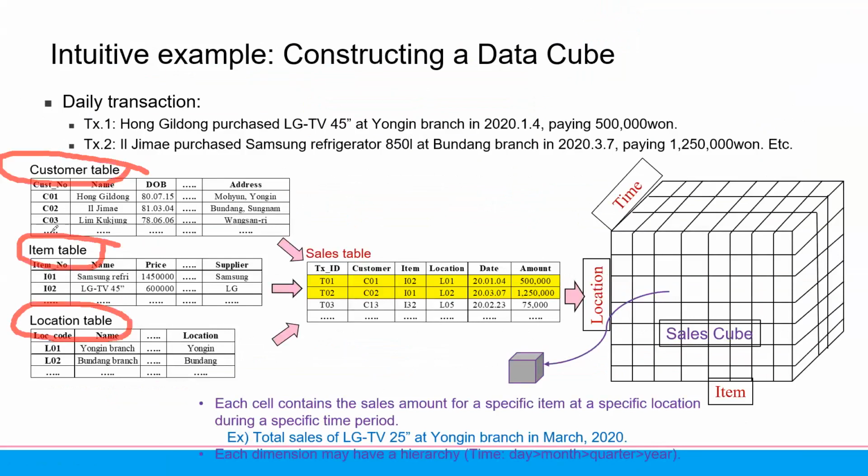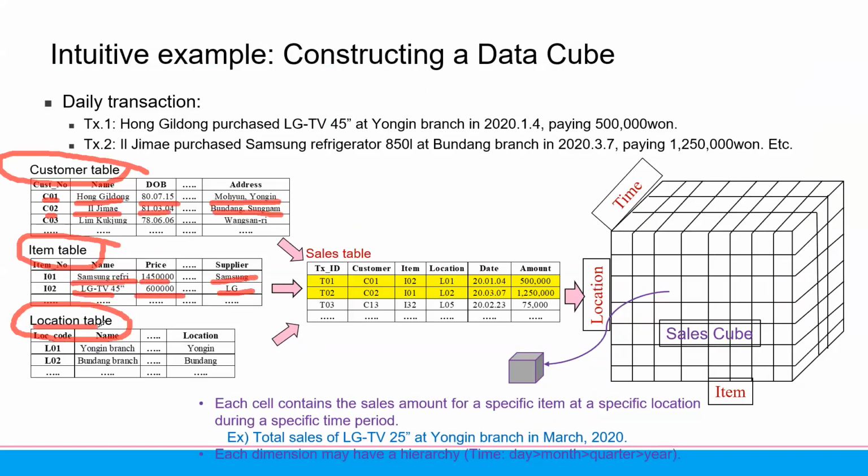In the customer table, maybe this one is 01, the person's name is Gildo, then the date of birth, and the address is in Mohiam. Customer 2 has a name, date of birth, and address, and so on. The item table has the item name, the price, and the supplier.